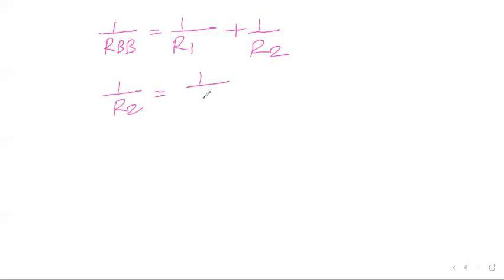And how to calculate R2? You know that 1 divided by RBB is equal to 1 divided by R1 plus 1 divided by R2. All of you know this, the parallel combination. So 1 divided by R2 is 1 divided by RBB minus 1 divided by R1.